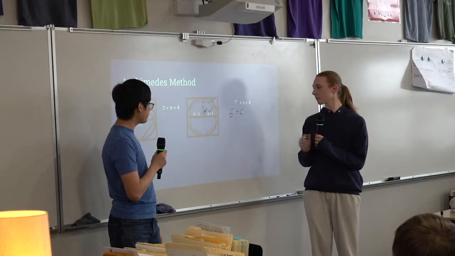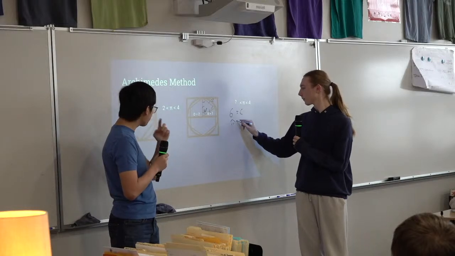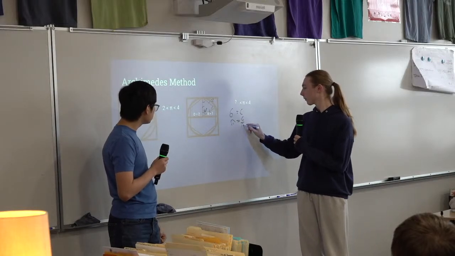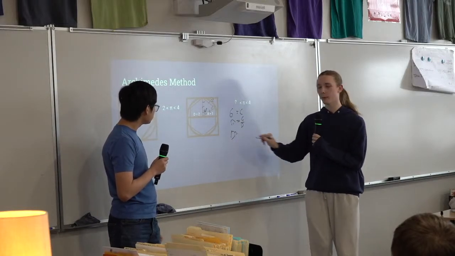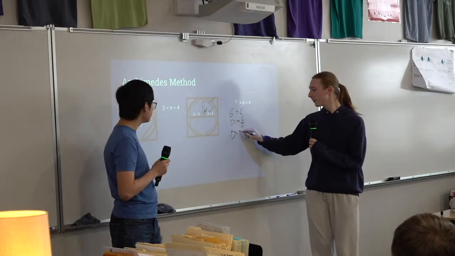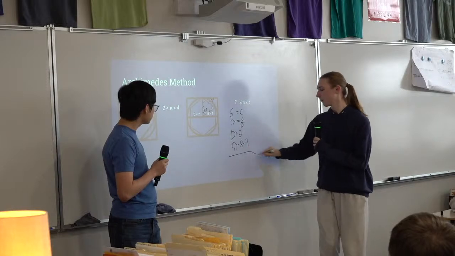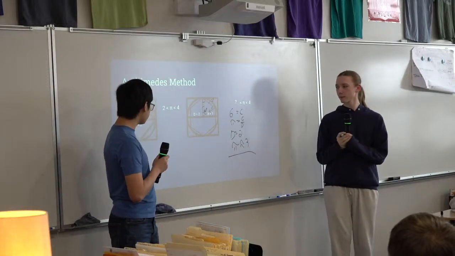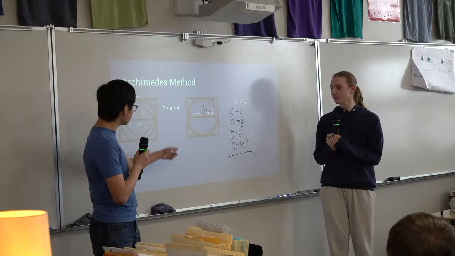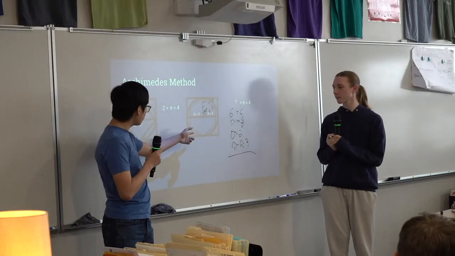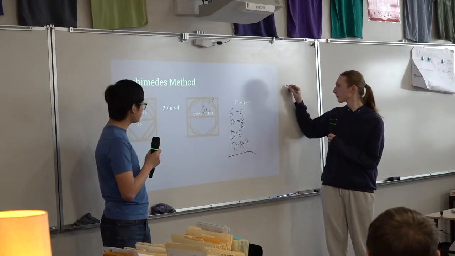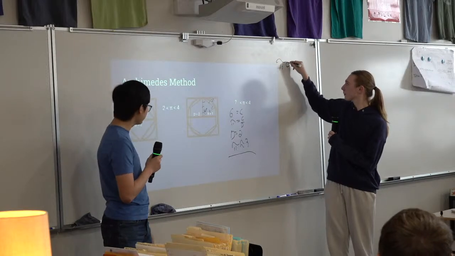And pi is circumference over diameter, and we know the diameter. What is our diameter? 2. That's how we get to 3. Eventually, we'll get smaller and smaller, and we'll get close to 3.14 something.